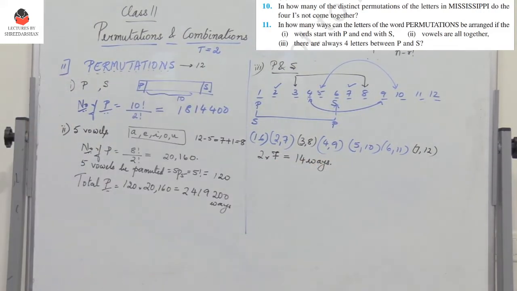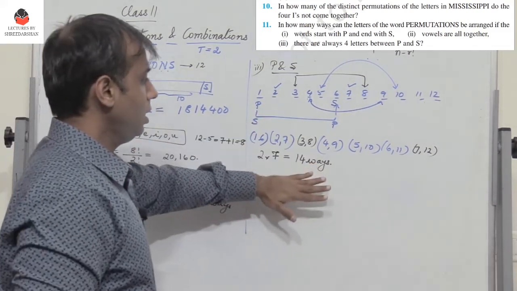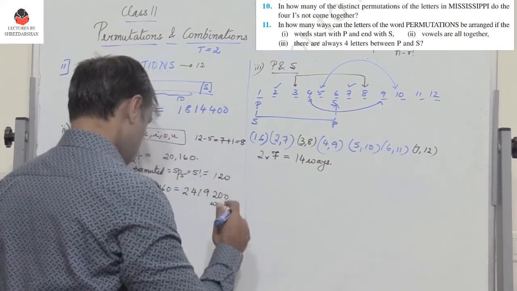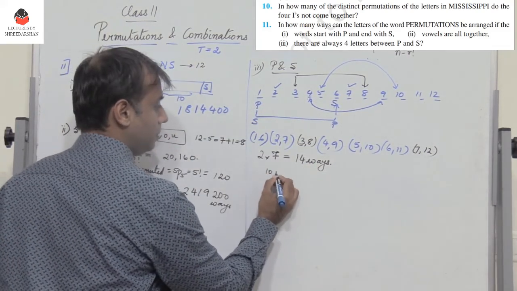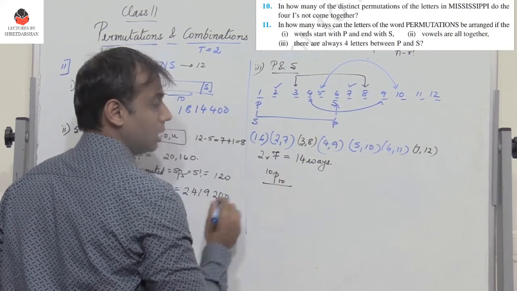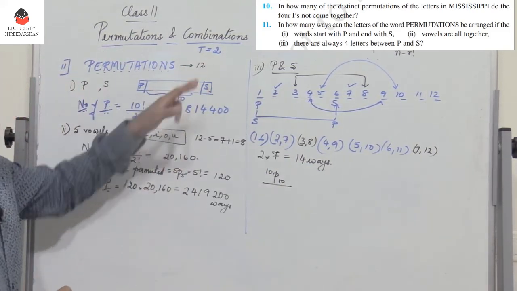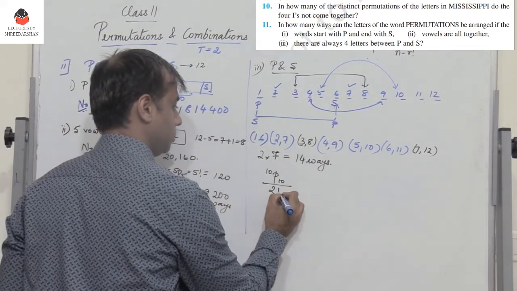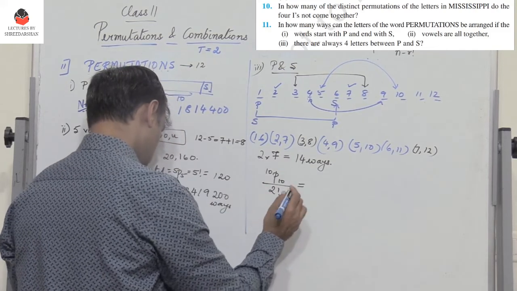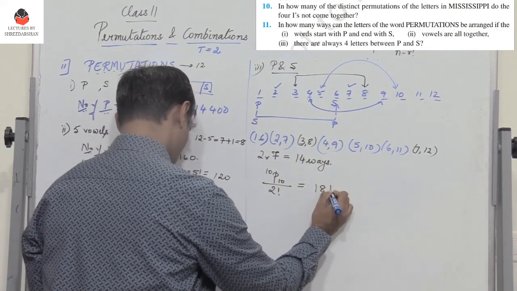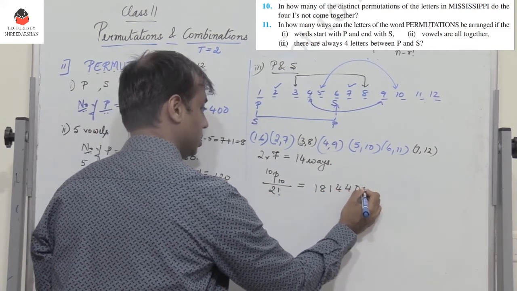Now we need to calculate the number of permutations. Out of 12, I have already calculated for 2 of them. So for the remaining 10, it's going to be 10p10 divided by the alphabet T occurring twice, which is 2 factorial. So this is going to be 1814400.